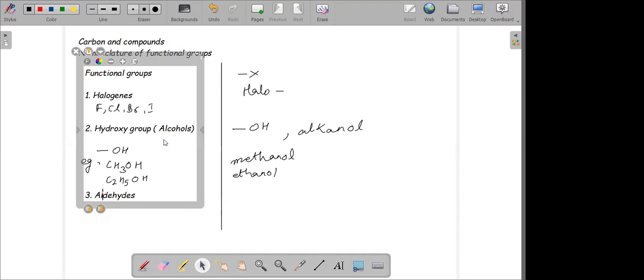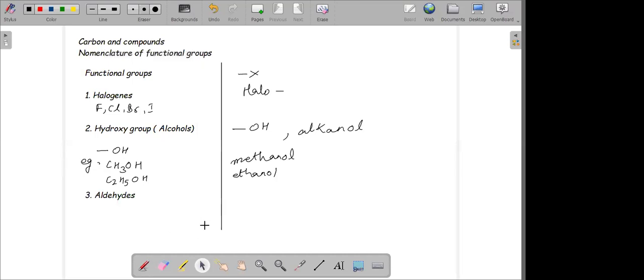So what was the general formula of aldehydes, or how are they represented? They are represented as the CHO group. With the bond, they are shown like this: C double bond O and H on the other side. So this is the CHO group, which is aldehydes. Here it can be hydrogen or any other carbon chain over there. So this is an aldehyde.